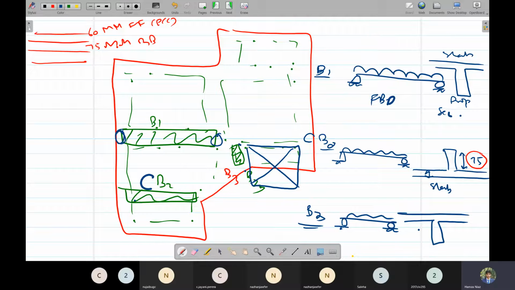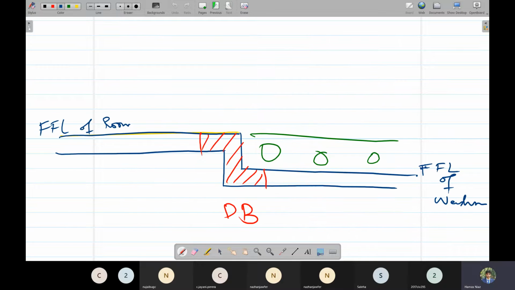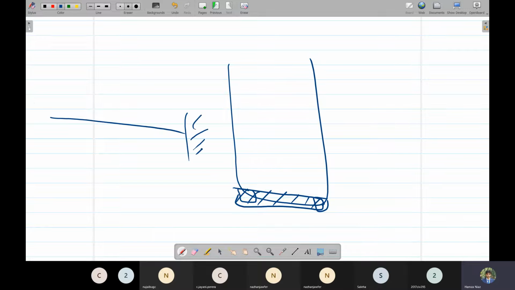For example, if a beam was lying on a column, if there was a porch like this, and there are two columns, and a beam is lying on top of them. In this case, the free body diagram of the beam would be something like this. There are two fixed supports on each side, and UDL is acting on this.